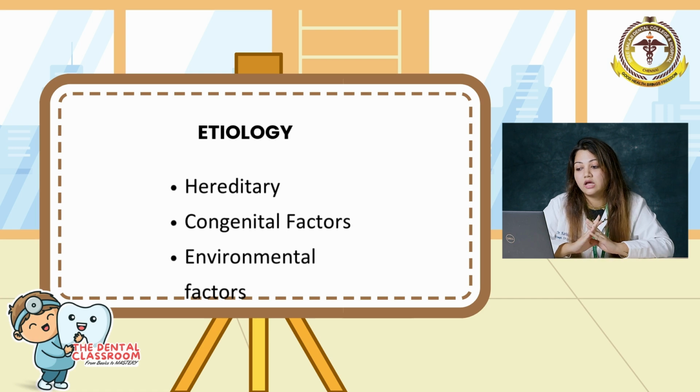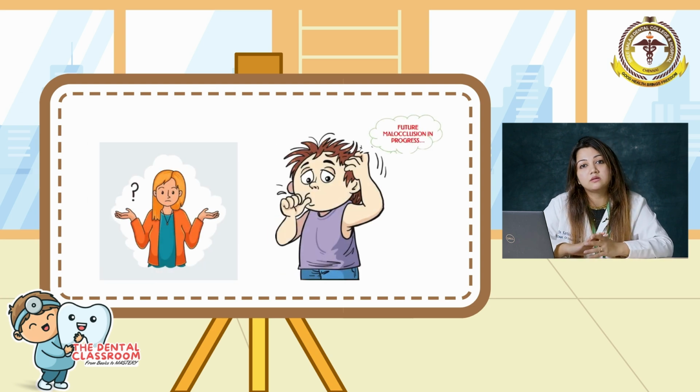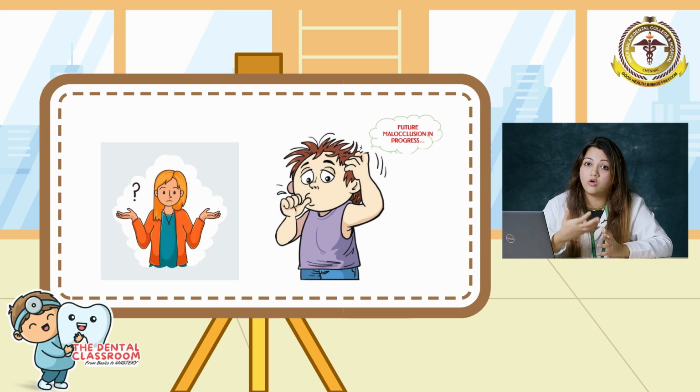Other factors include environmental factors. There are various environmental factors, natal factors, prenatal factors. There is something called intrauterine molding, that is, it starts from the fetal posture. When the child is in the womb, sometimes the fetus places his hand on the lower jaw, thus leading to an intrauterine molding and leading to a Class II malocclusion in future.